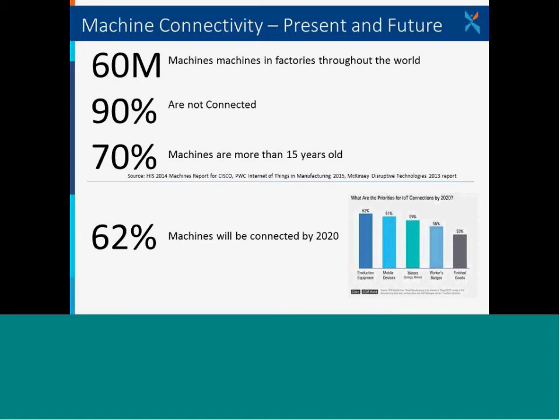So that's going to drive some kind of change in the way we enable the machines and make them connected. That's one of the primary drivers of what's going to change in the equipment and machine world.